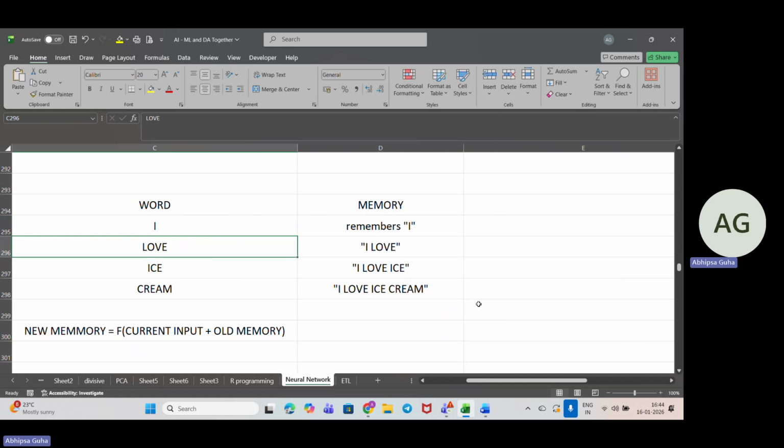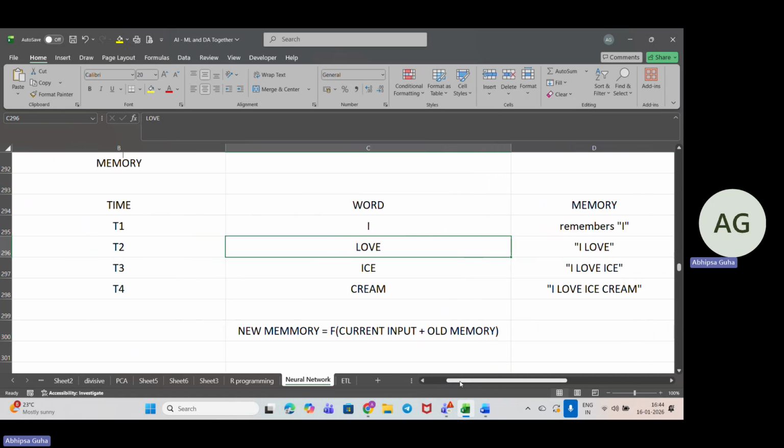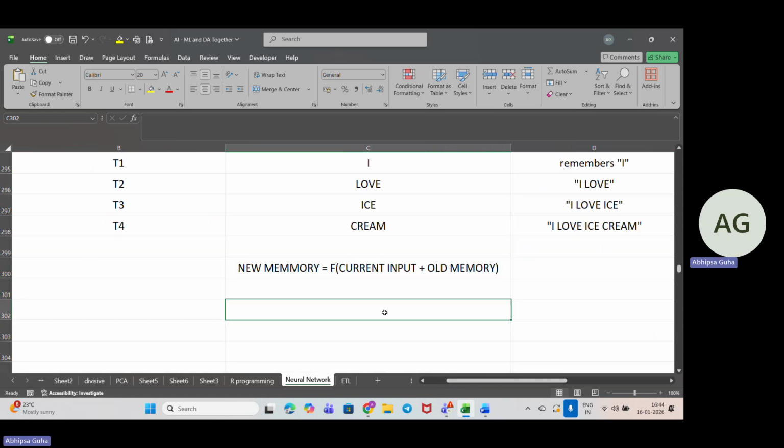Okay, hope you understood the details. Now here, about the Ht that we have to discuss: Ht here would be the activation.